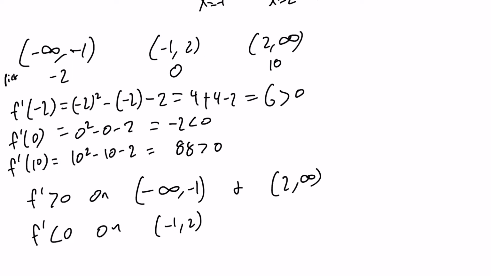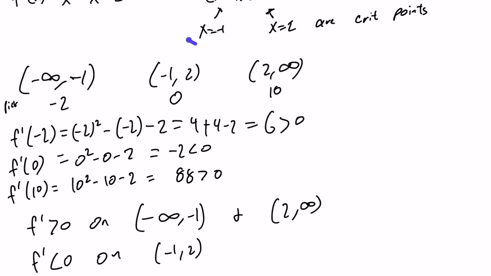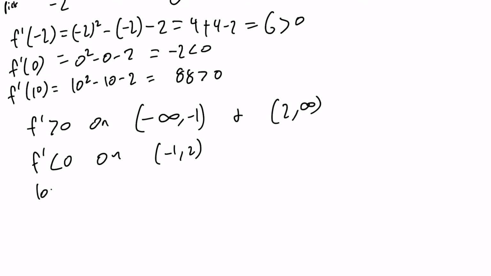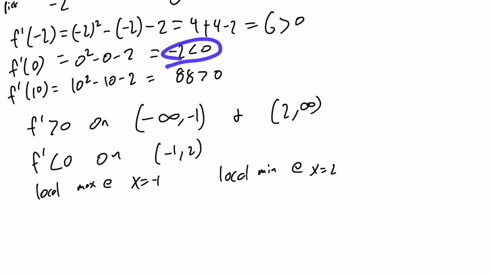So what does this tell us about our critical points? At x equals negative 1, what do we have? That's right, we have a local maximum. And we also similarly have a local minimum at x equals 2, because the derivative changes from negative to positive.